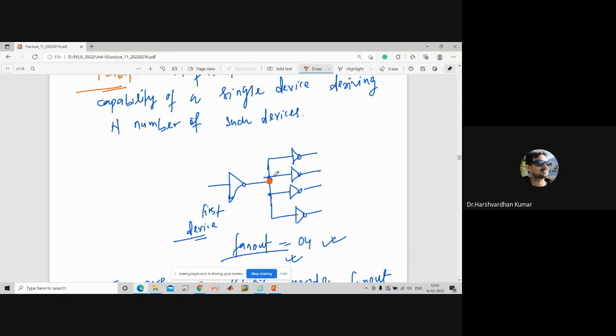As a result, the speed of the CMOS transistor slows down, and it will degrade the frequency performance of the device. So in transient response, the speed of the device slows down and the frequency performance degrades. The reason is that because of the high fan out, there will be a large number of capacitors, and to charge and discharge them we require a larger time. Because of that, the frequency performance and the speed of the device degrade.